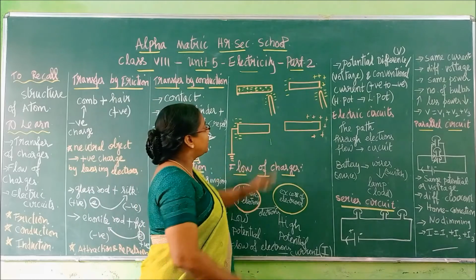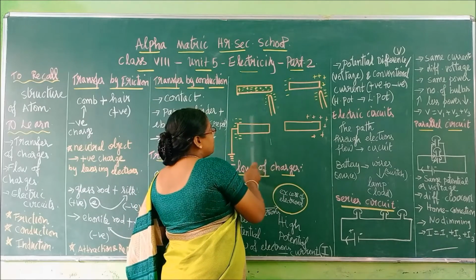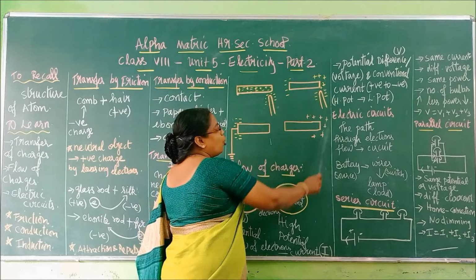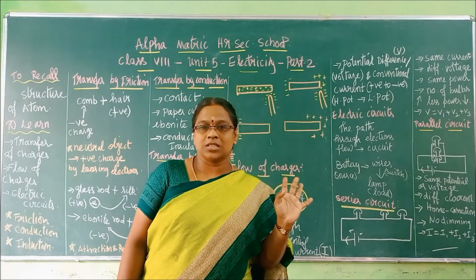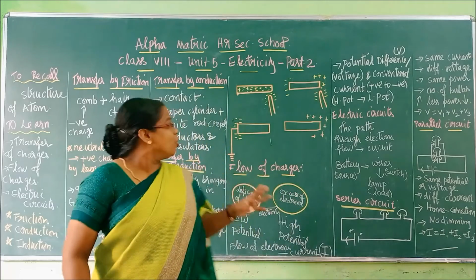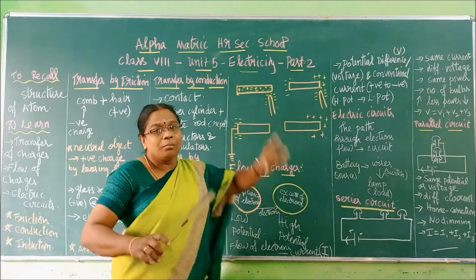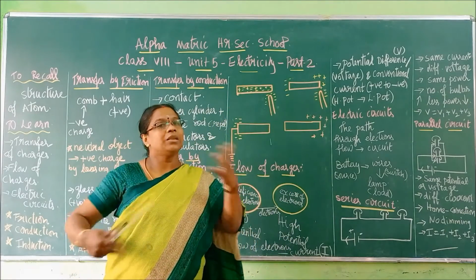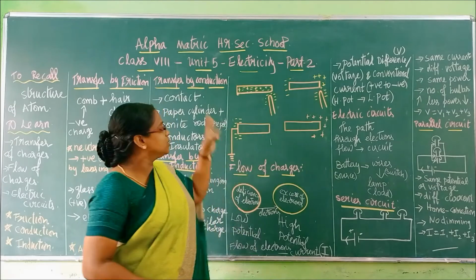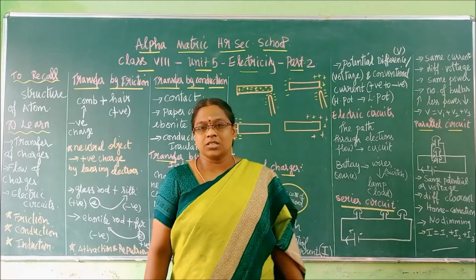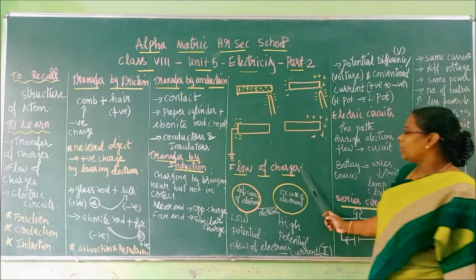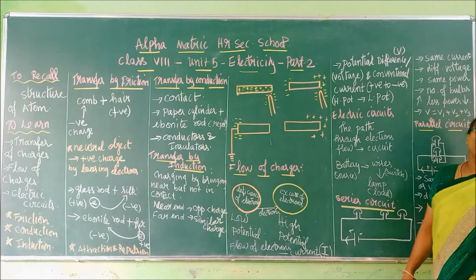Now this positive charge will completely spread out, so the whole body will be charged with positive charges. Clear, children? Before, it was a neutral object, with both plus and minus together. Now this is entirely charged with positive charges. Clear, children?